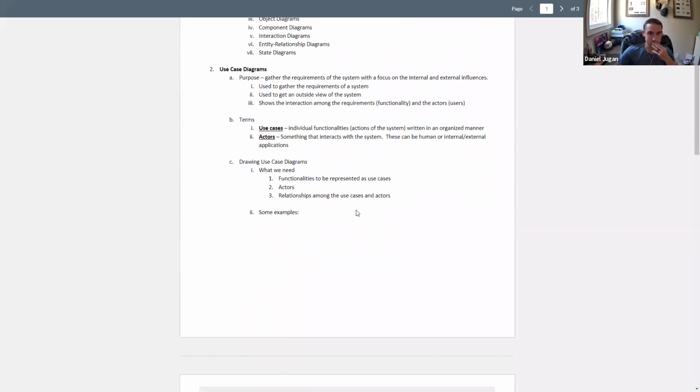Okay, like it says, these can be human and or other applications. Now, when we are drawing use case diagrams, we need a few different things. The first thing that we need are functionalities. These are capabilities of the program, and they will be represented as use cases. So when we looked at the meal maker, what are the different things that you can do with a meal maker?